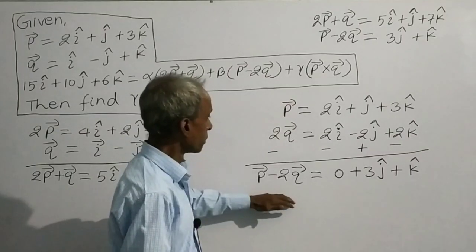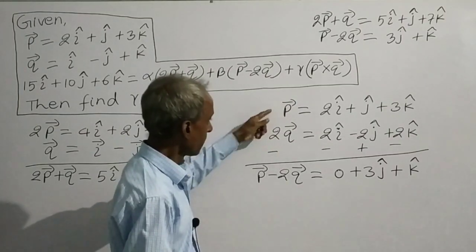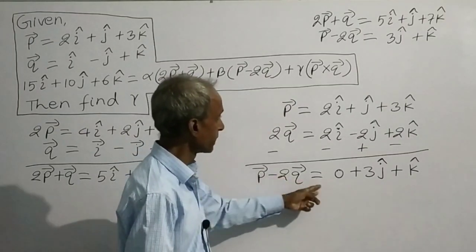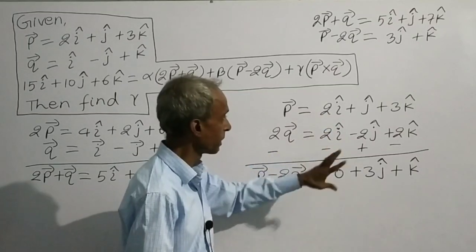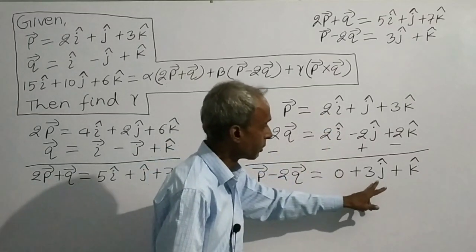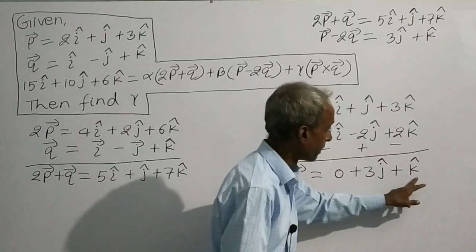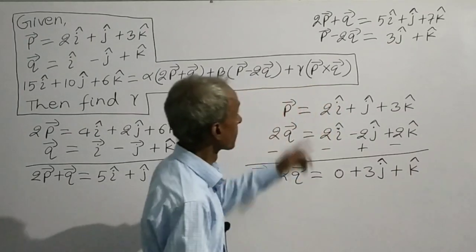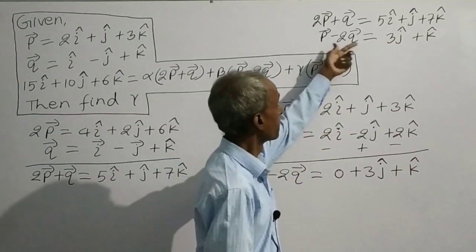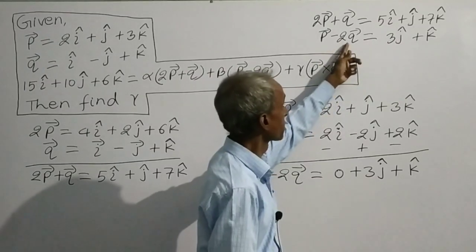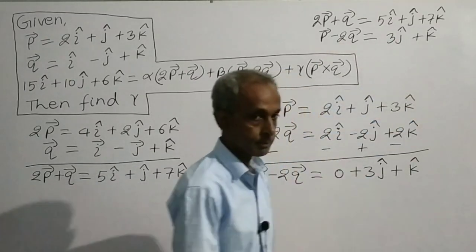And now add P minus 2Q is equal to this, and this will be cancelled out. There will be left 3J plus K cap. We write here P minus vector P minus 2 times vector Q.